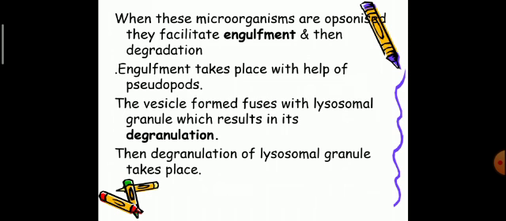Engulfment takes place with the help of the pseudopods, the vesicle formed fuses with the lysosomal granule, which results in degranulation. Then degranulation of the lysosomal granule takes place.